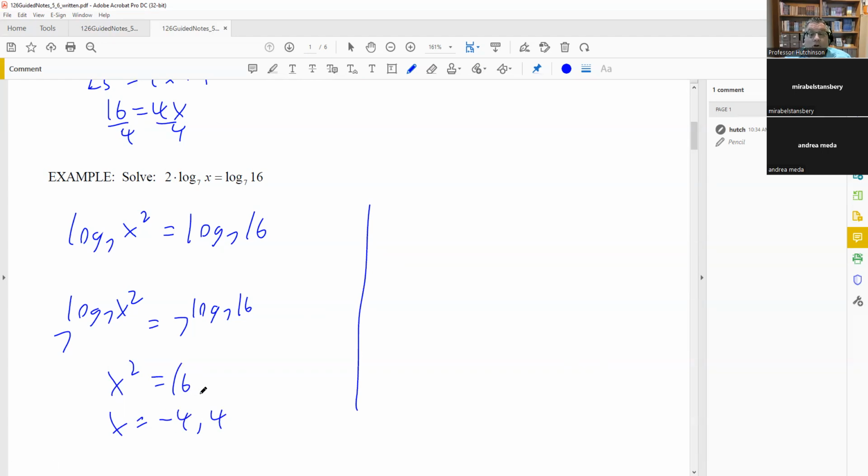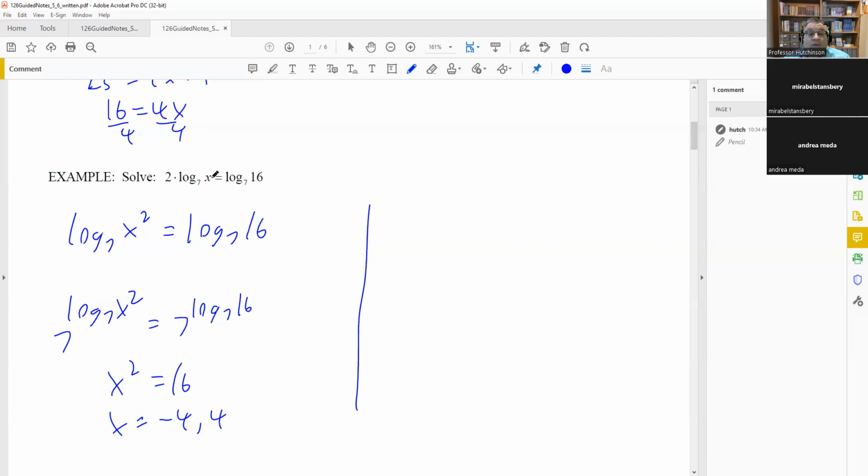Now, whenever you have more than one answer, you have to make sure you check your answers within the original problem to see if it works. Notice that if I take -4 and put -4 in here at this stage, not my first line here, the original problem, I'm not going to be able to do that because -4 is not in the domain of logs.